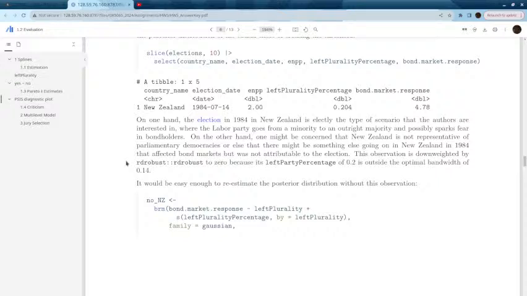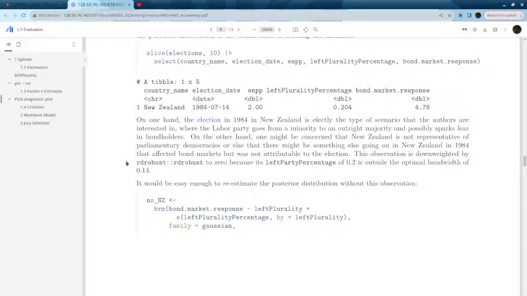Anyway, this 0.2 is outside the bandwidth that it found of 0.14. So the paper actually is not influenced at all by New Zealand in 1984, but it's telling us that our estimate is pretty sensitive to this one observation because we're not messing with bandwidth or anything like that.